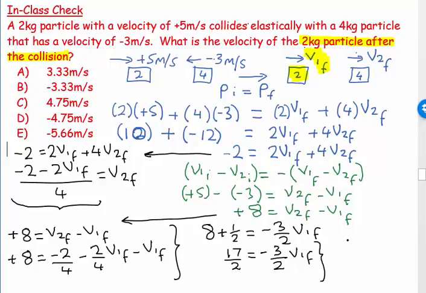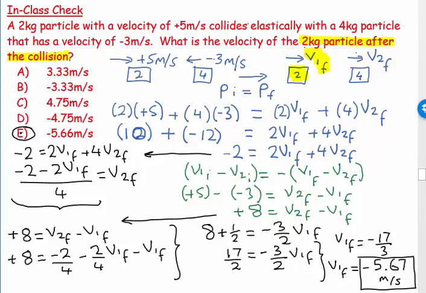Final little step: v1 final is equal to, well, the 2's cancel each other out, minus 17 over 3. v1 final is equal to minus 5.67 meters per second. So there's my answer. So there we have it.